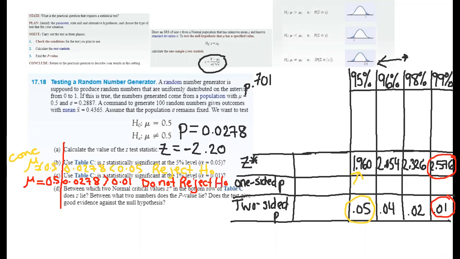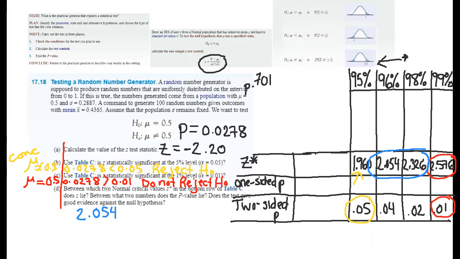And so part D asks us, between which two normal critical z stars in the bottom row of table C does z lie? Well, that's between the 2.054 and the 2.326, right?